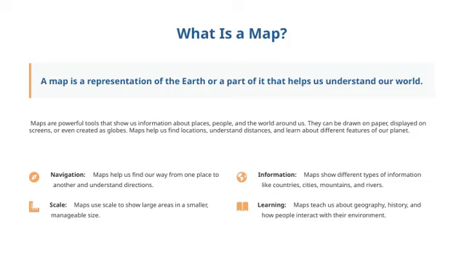Maps use scale to represent large areas in a smaller, manageable size, so we can see the whole picture without it becoming overwhelming. And beyond navigation and information, maps are great educational tools. They teach us about geography, history, and how people interact with their environment. Overall, maps are fundamental for understanding the world around us and connecting various pieces of information in a meaningful way.